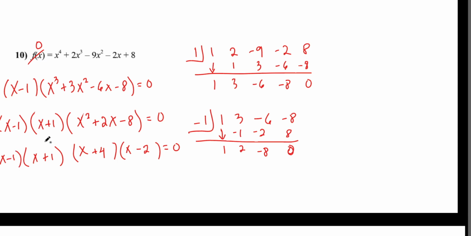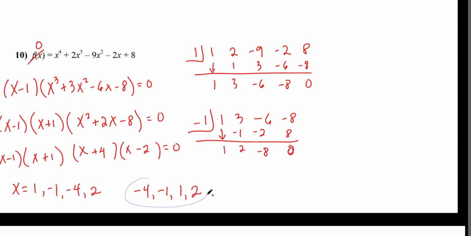Do I have to set these equal to 0, like as far as writing it down? No, I think you can do this in your head. So what's this? X equals what? 1, then negative 1, then negative 4, then positive 2. You could keep it like that. I don't care what order you put it in. If you look in the book, they usually put it in the lowest number to the highest number. So if you look in the book, they'll probably write it like this: negative 4, negative 1, 1, and 2.